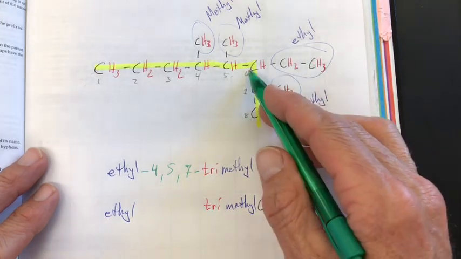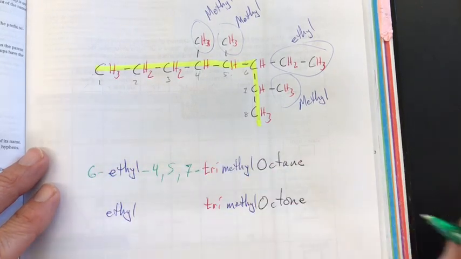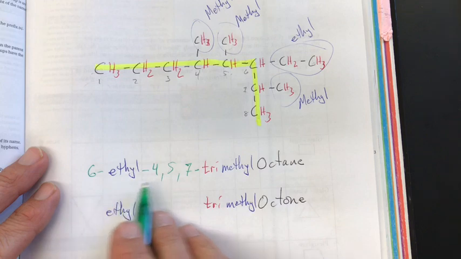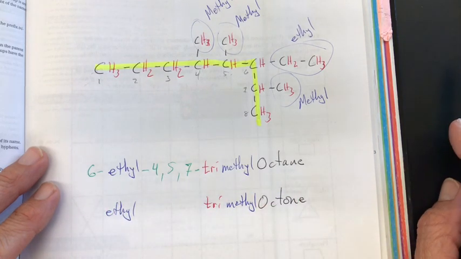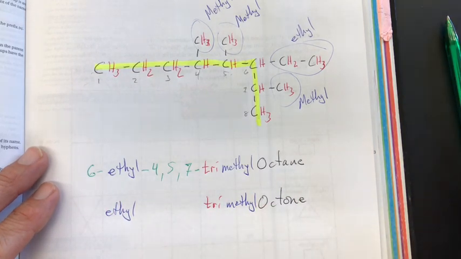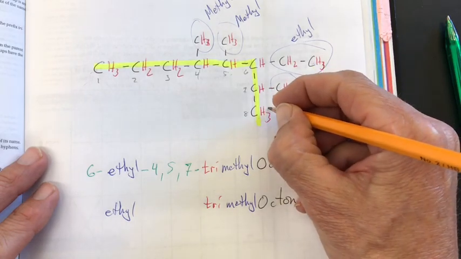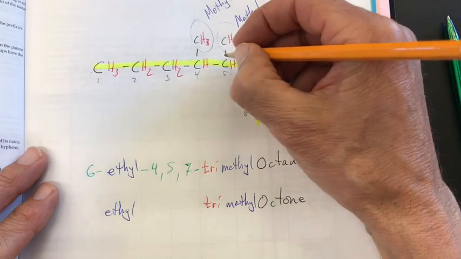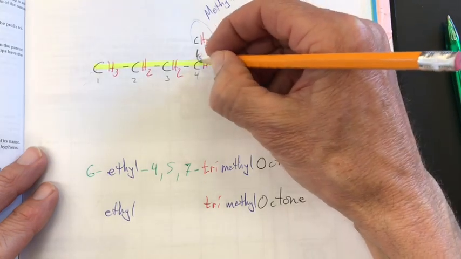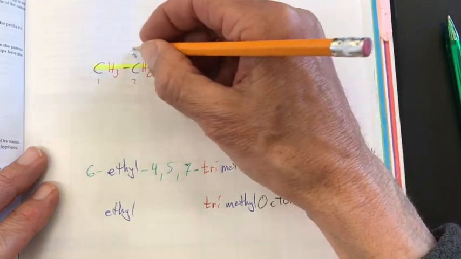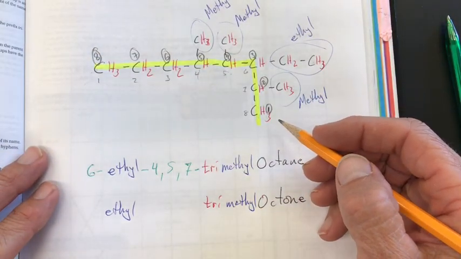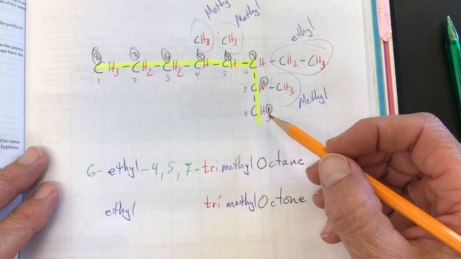And the ethyl would be 6 ethyl 4, 5, 7 trimethyloctane. That's a mouthful. But we could also name it going the other way. We could start with this one as being 1, 2, 3, 4, 5, 6, 7, and 8. It doesn't care if it's upside down, right side up, because things can rotate in space. So we could name it that way.